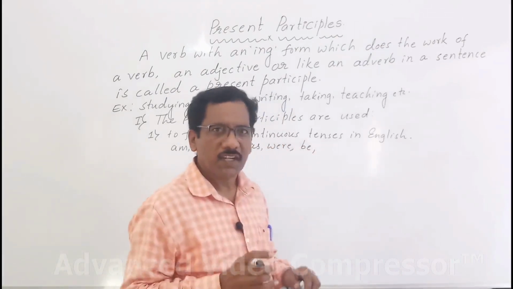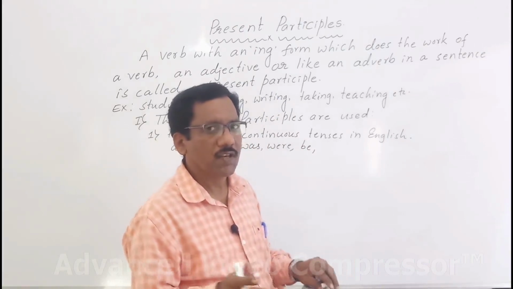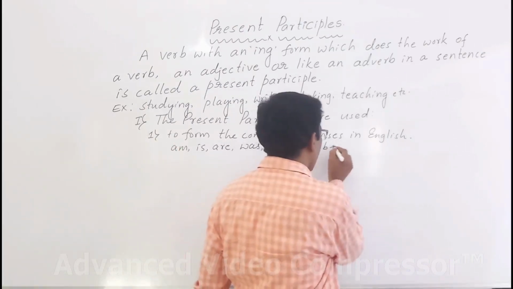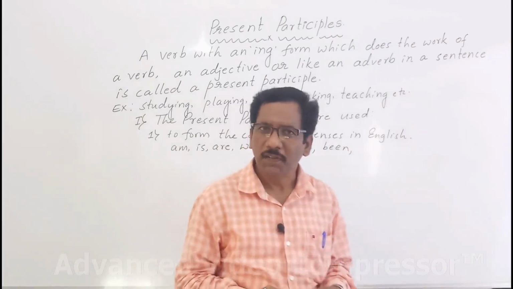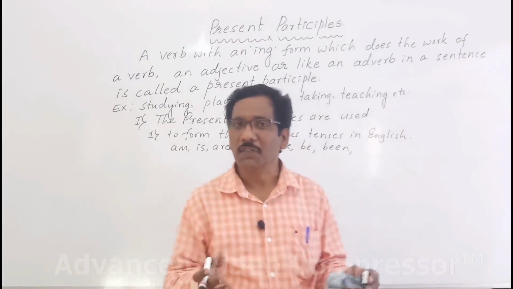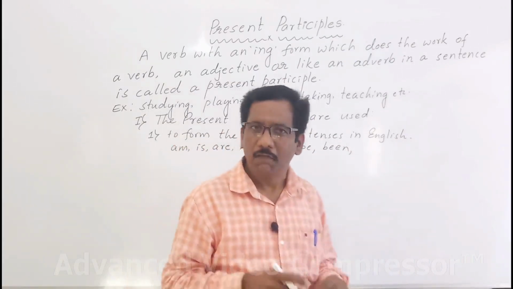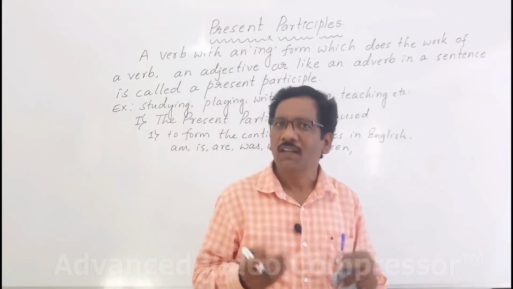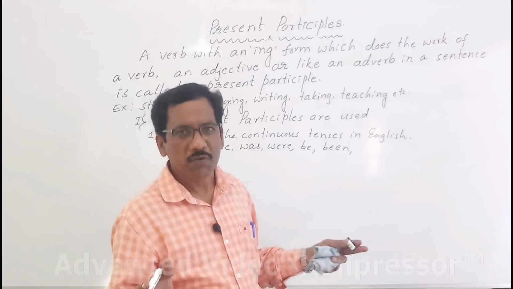And present perfect continuous tense, which is formed by have been, has been. Understand, here been is important. And past perfect continuous tense, you know that it's formed by had been. And future perfect continuous tense is formed by shall have been or will have been.